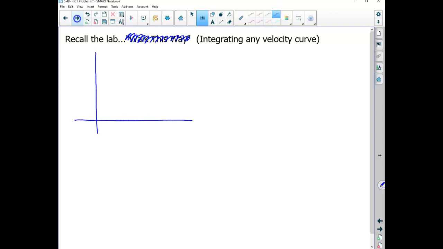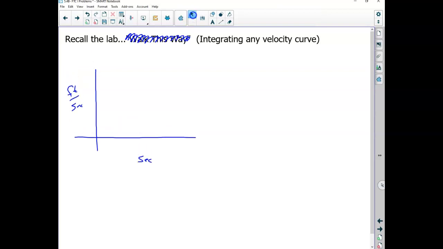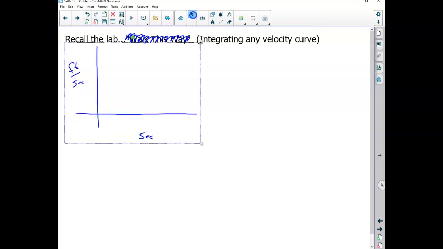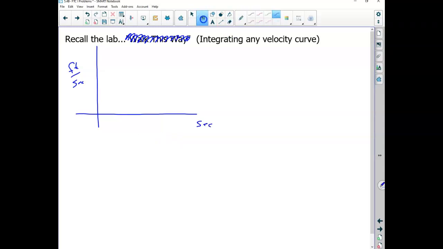And let's say I'm just going to give you a velocity curve here where I basically have feet per second on my y-axis and I have time in seconds on my x-axis. I'm going to erase it and I'll change it later. I'm going to say seconds.